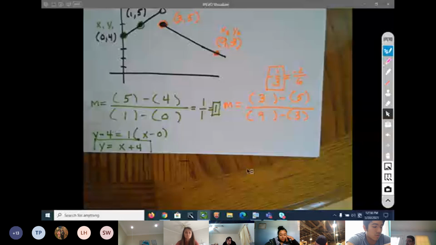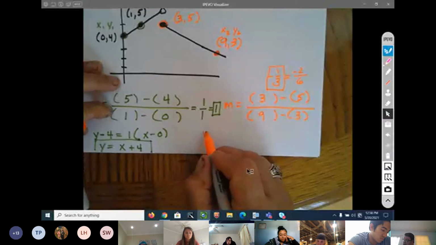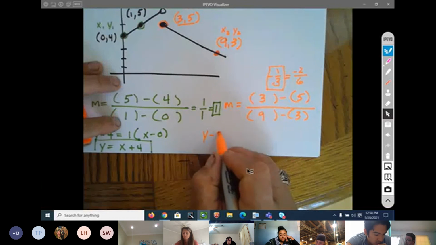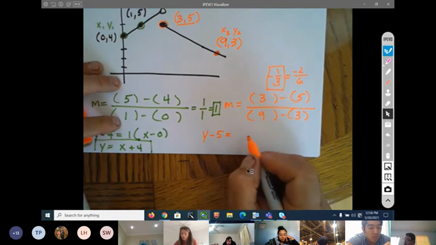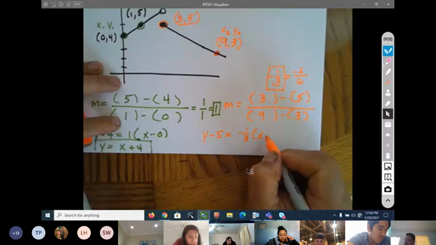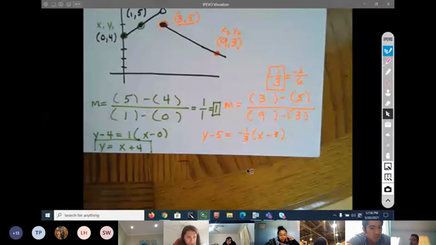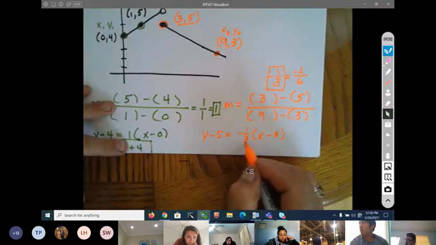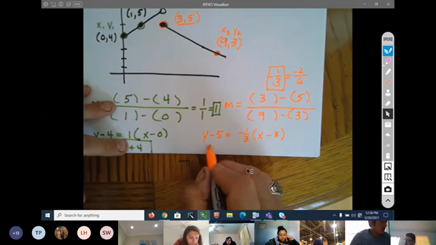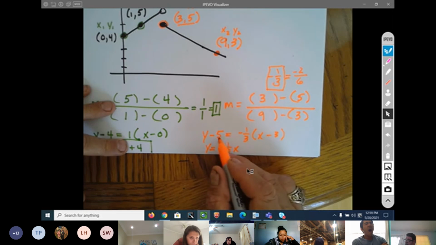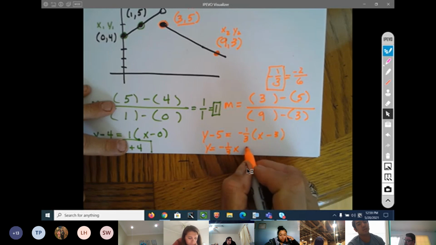And now my equation for my orange line, y minus, I'm going to pick this one, 5 equals negative 1/3 times x minus 3. And that's going to be 1/3 plus 1. So y is equal to negative 1/3 x plus 1 plus 5, plus 6.